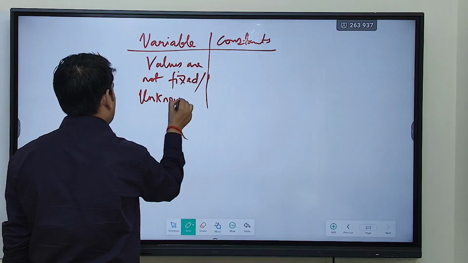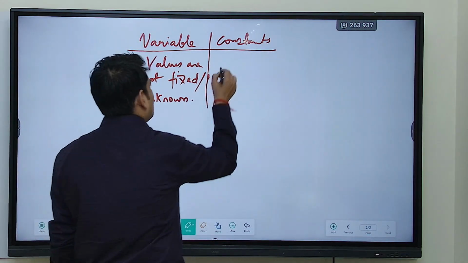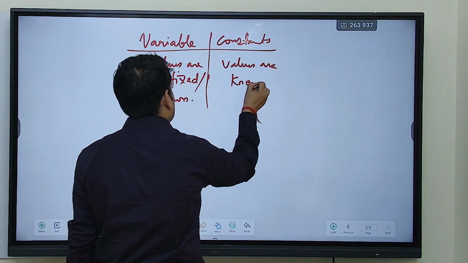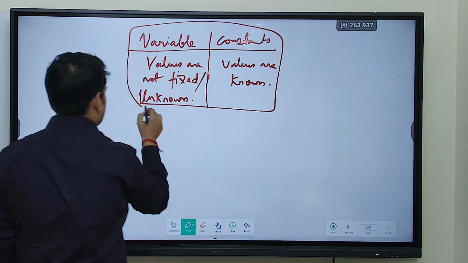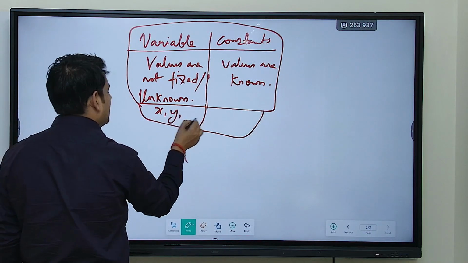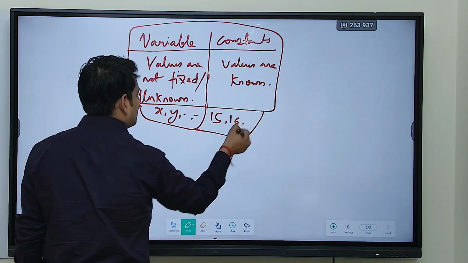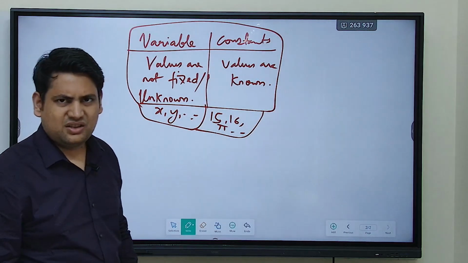When the value is unknown, then also we use variables. Constants are values that are known. This is the main difference. Anything that looks like x, y, these are variables. And anything that looks like 15, 16, pi, all these are constants.